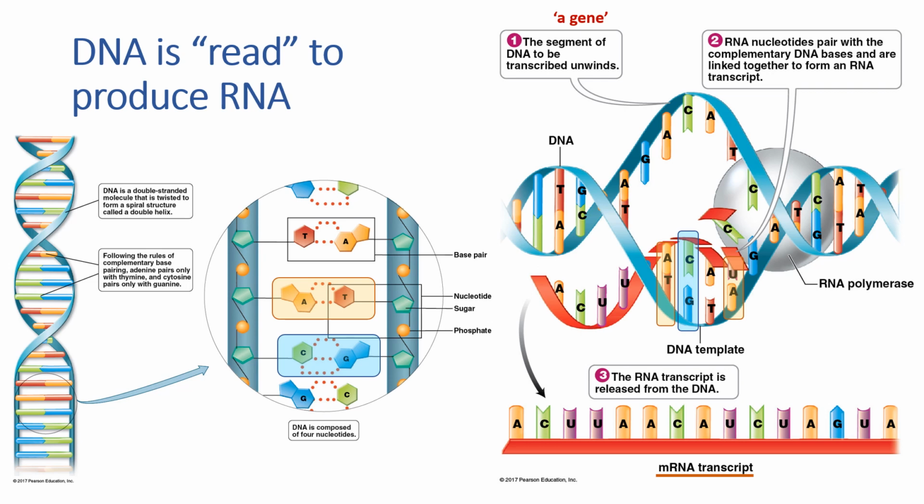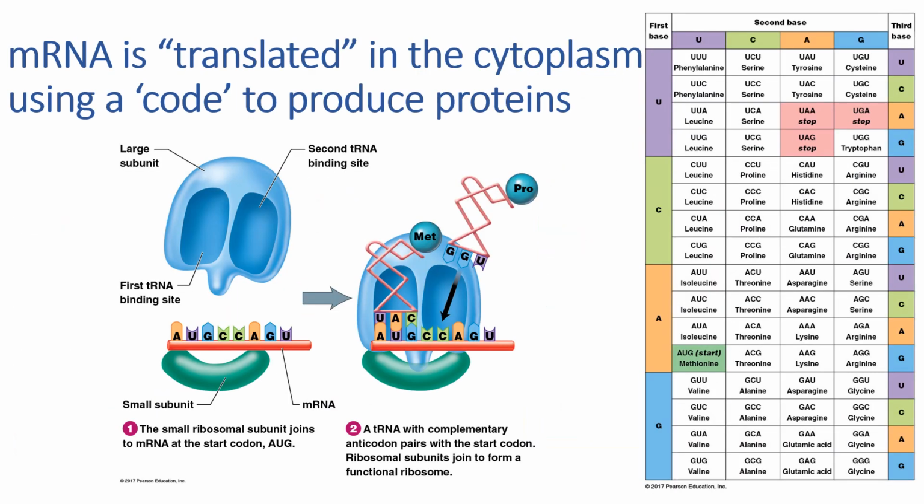The mRNA transcript that is created is modified slightly in the nucleus before the mRNA moves into the cytoplasm. In the cytoplasm, mRNA is translated using a ribosome and helper tRNAs.